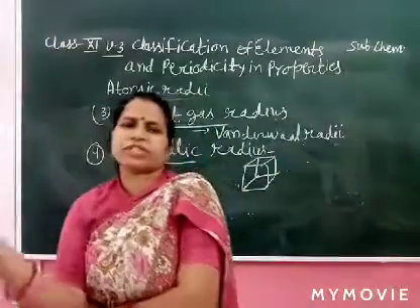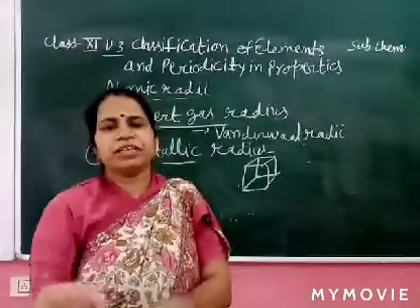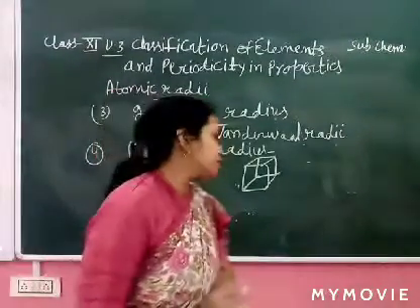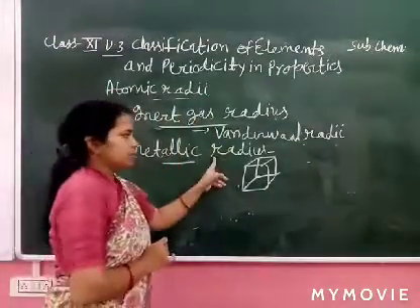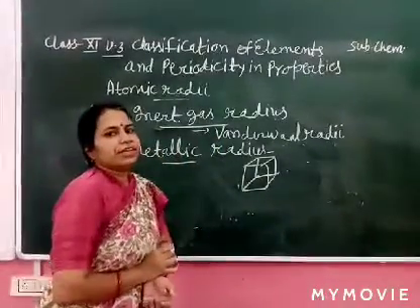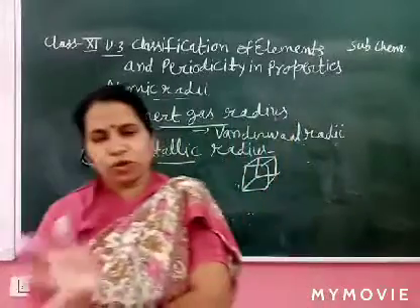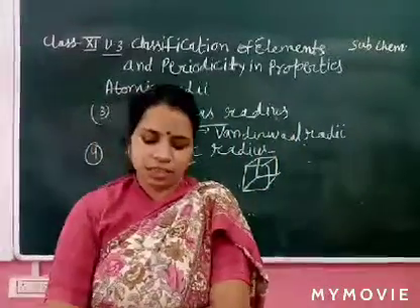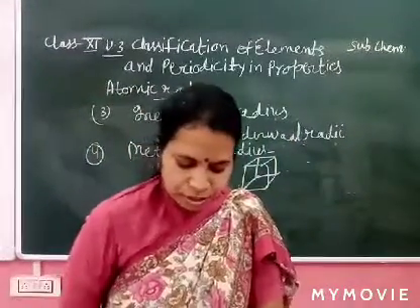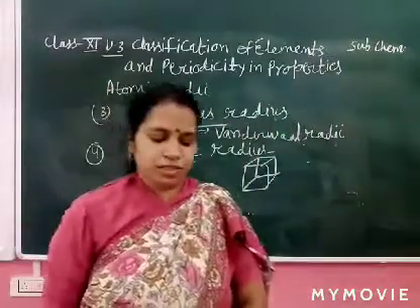Lattice means 3D structure. The repetition of a small unit cell makes the 3D structure of crystals. The metallic radius is one half of the internuclear distance between two metals. Now it's similar. Next is ionic radius.